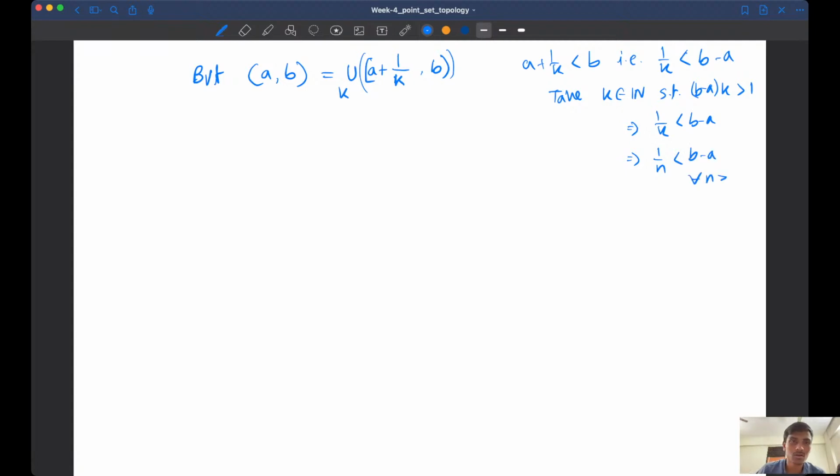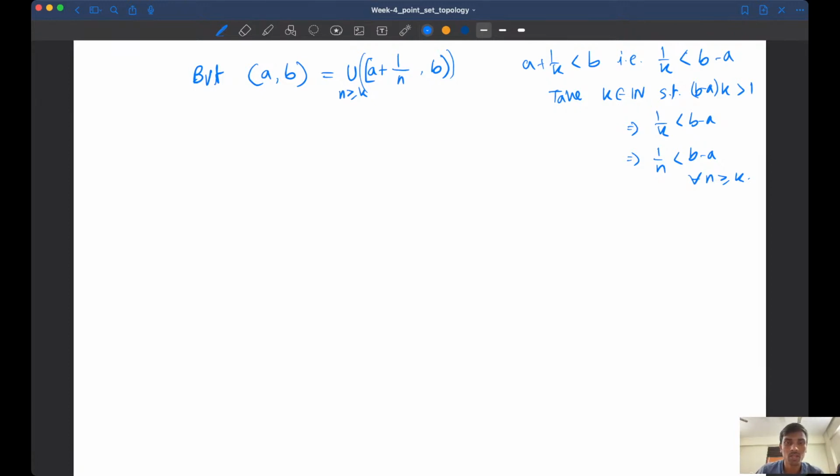So you take the union over all those n, n greater or equal to k. Then clearly it will be the union, because each of these sets is increasing.